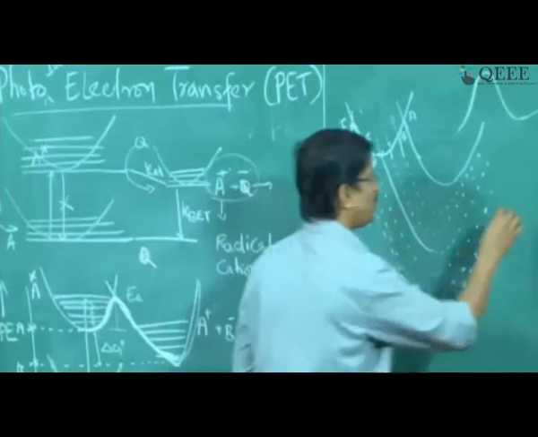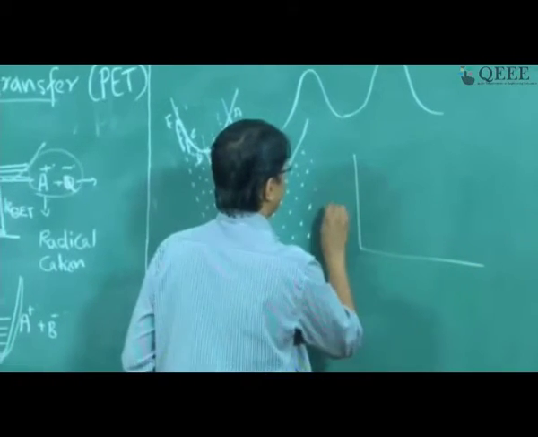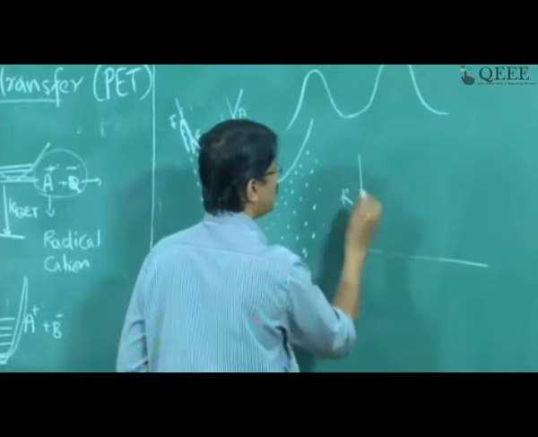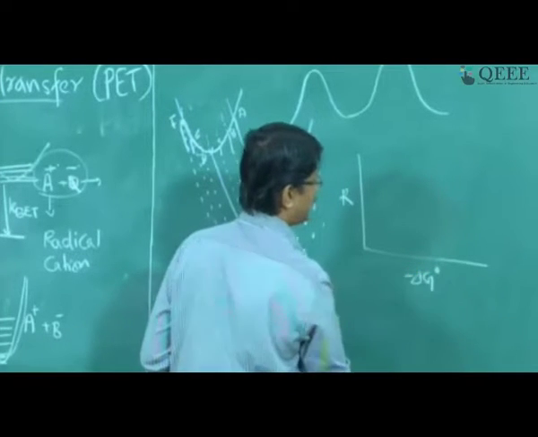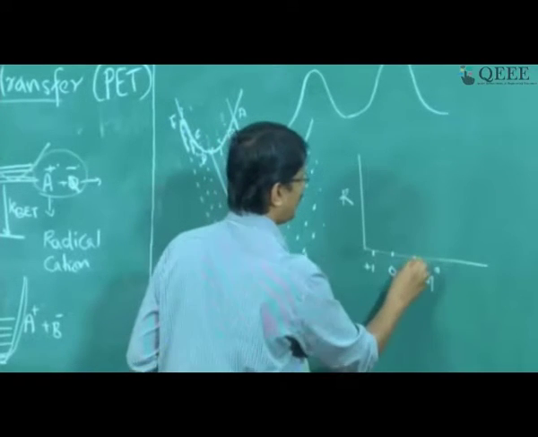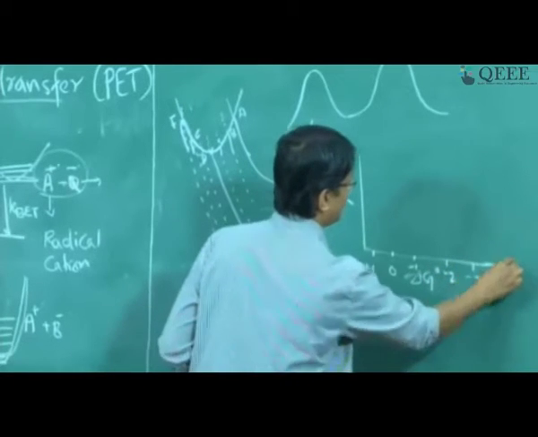So now I want you to plot. Ideally you need to put lambda and k, but for simplicity I am just putting the electron transfer rate constant versus delta G 0, negative. This is 0, this is +1, -1, -2, -3.